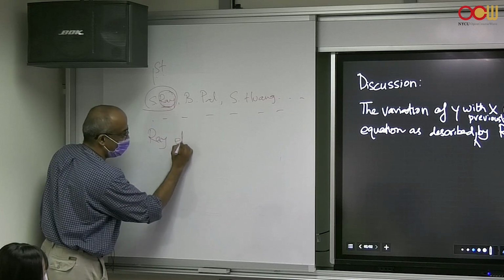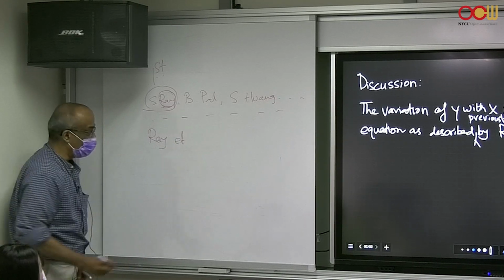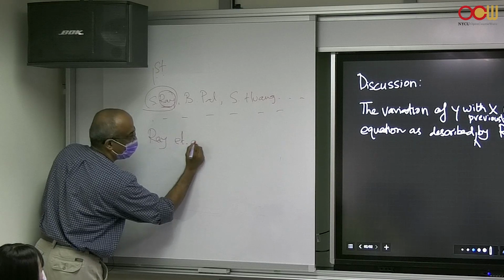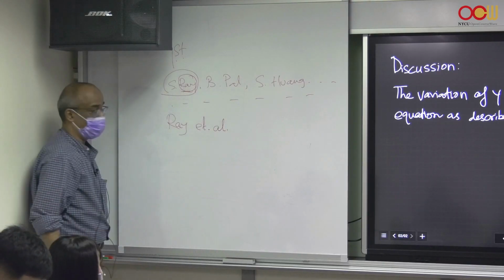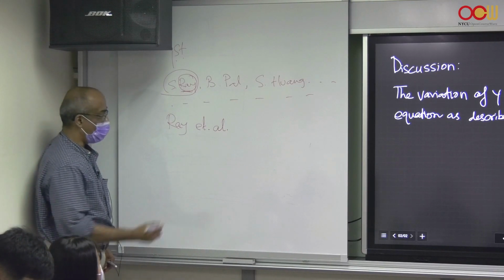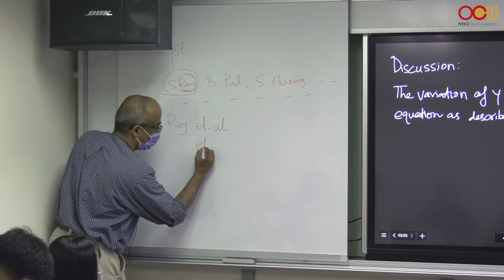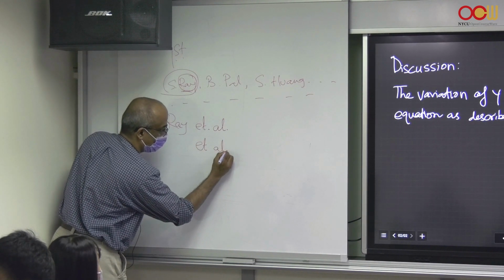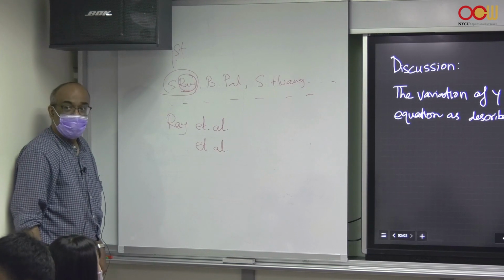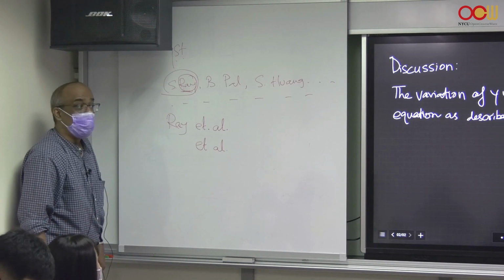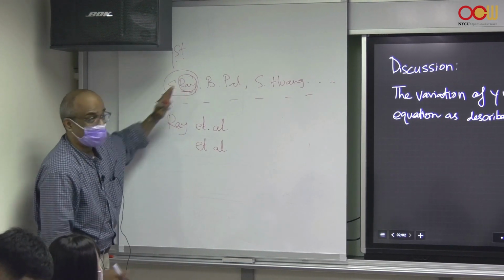Et. By mistake, many of you do like this. That's wrong. Et al. is this. Okay? Not only that, it should be written in the italics.